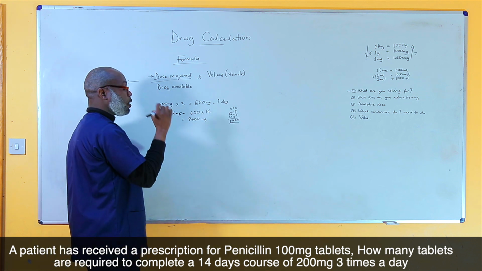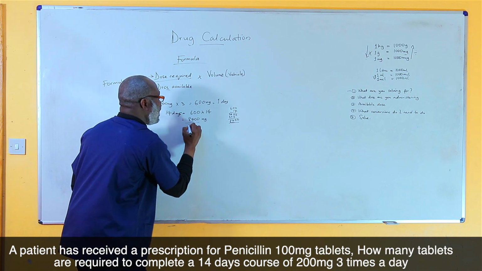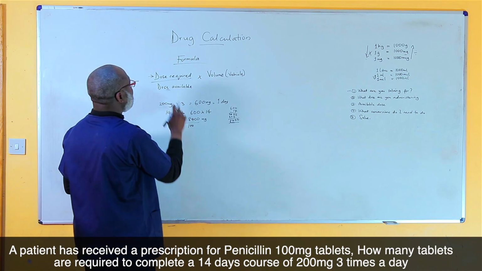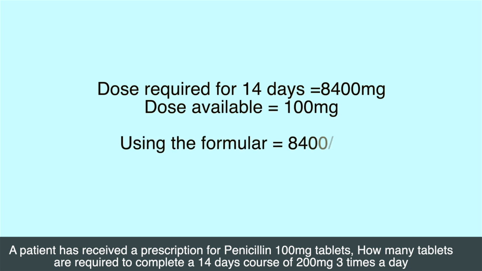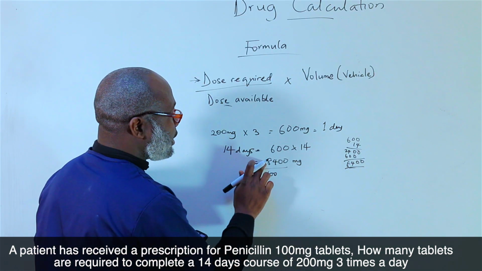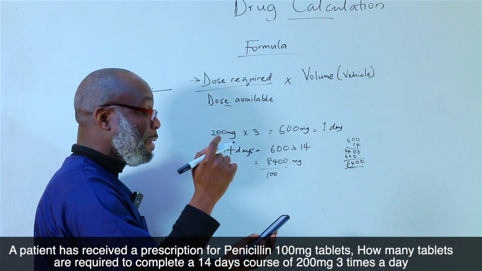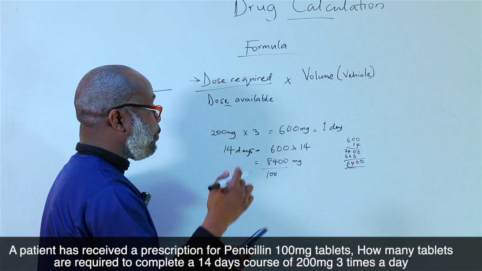So now, each tablet is 100 milligrams, so divide by the dose available. 8,400 over 100, because each tablet is 100 milligrams of penicillin.